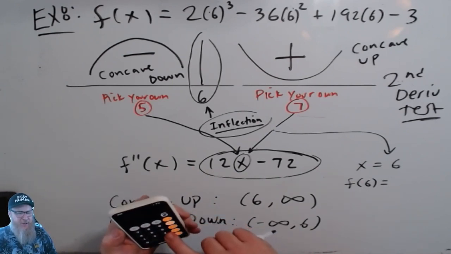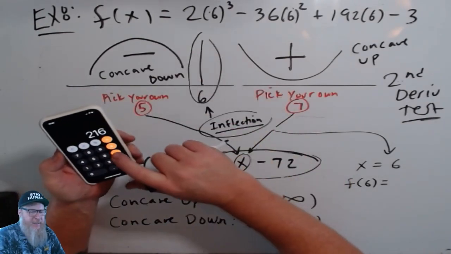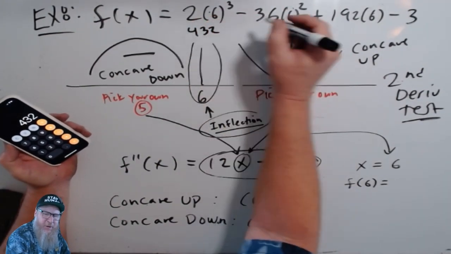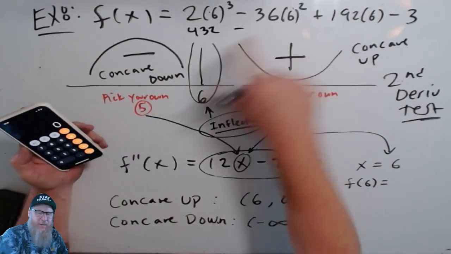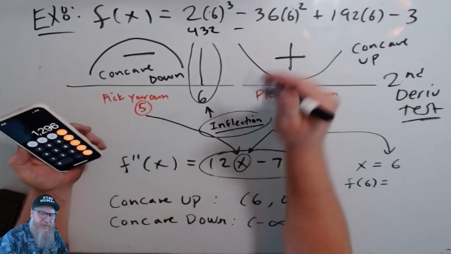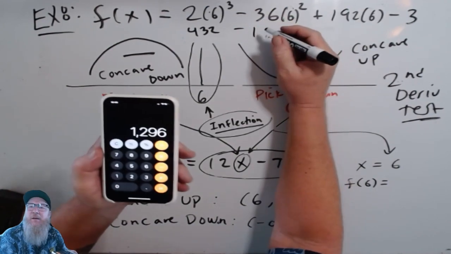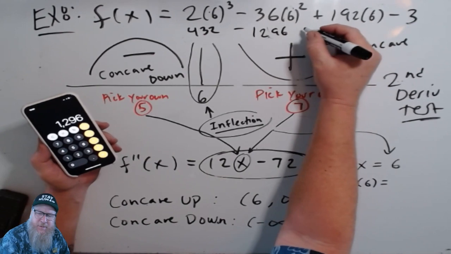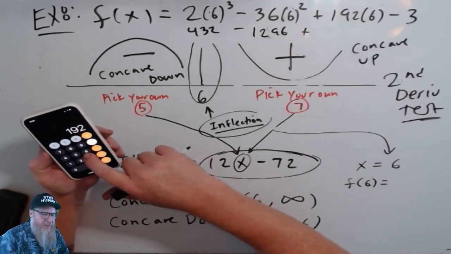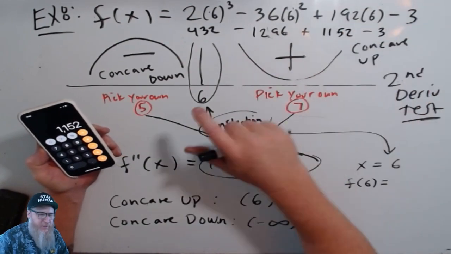So 6 cubed is 216 times 2. So that's going to be 432. 6 squared is 36 times 36 is 1296. 192 times 6 is 1152, and then minus 3.